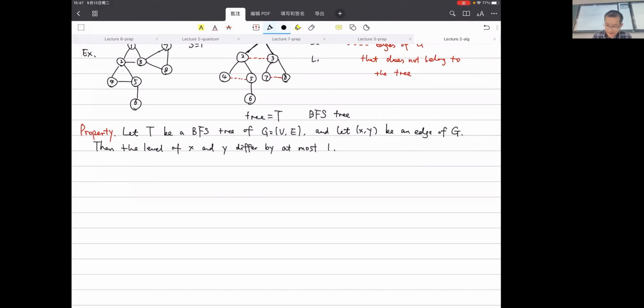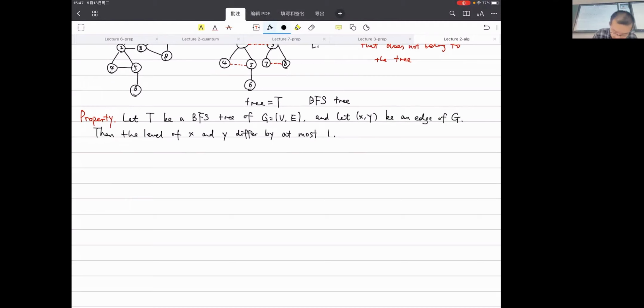And I guess this is relatively easy to show, because it is just a one-line proof. If that's not the case, if this is not true, then basically the levels of X and Y differ by at least 2.